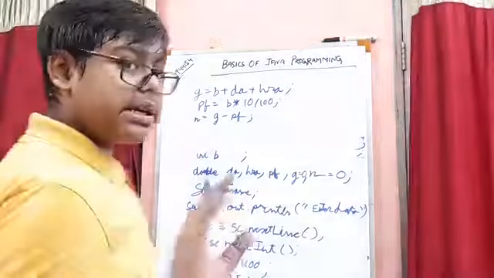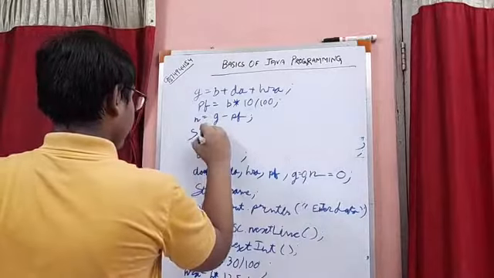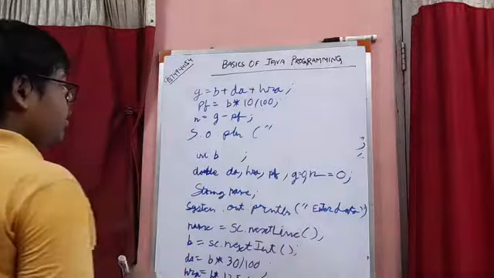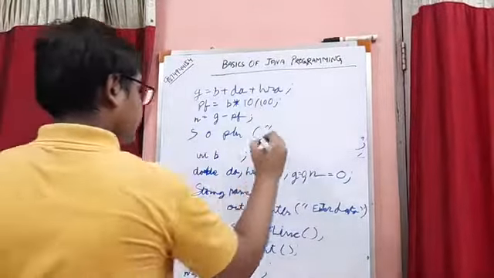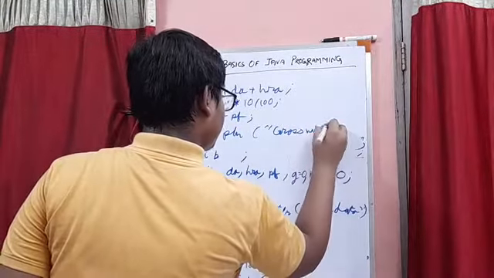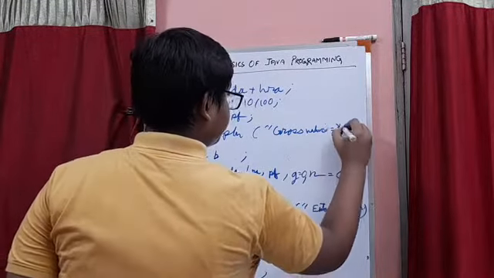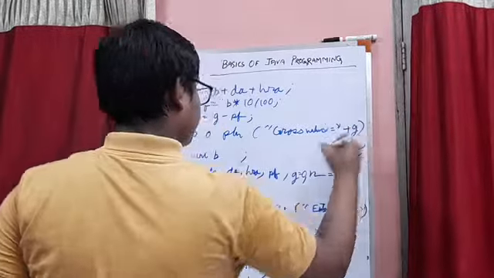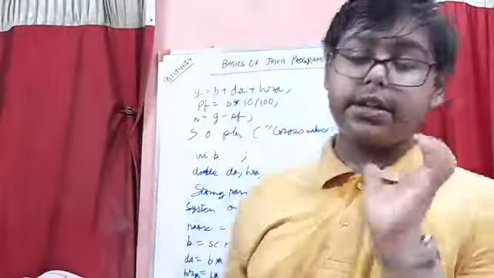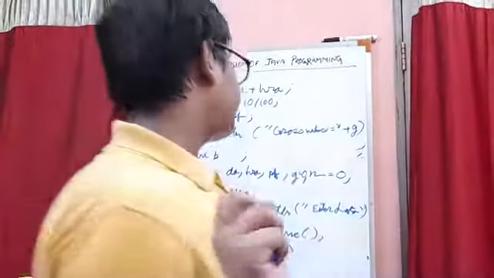Now we will just represent it by system.out.println. Now I will use SOPLN, s dot o dot pln, gross value is equal to, within the inverted comma you need to write is equal to plus G. Now after an inverted comma, if we need to write a variable or any other set of inverted commas, then we need to use the plus sign to separate two things.